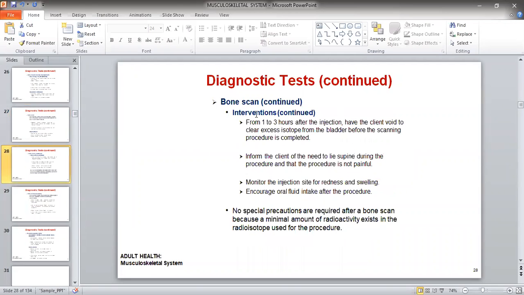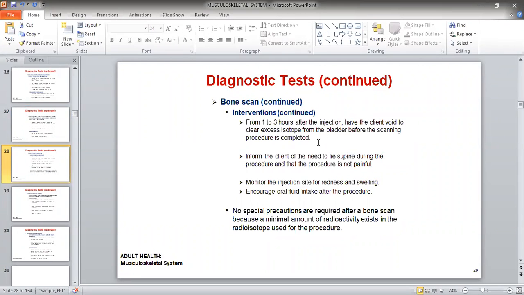Another intervention: from 1 to 3 hours after the injection, have the client avoid cleaning out the isotope from the bladder before scanning. So tell your patient to take enough fluid so the radioactive substance is cleaned out from the body.